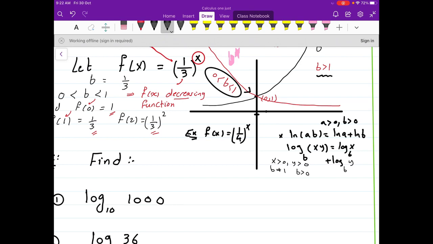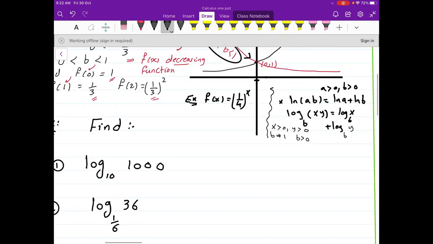So they are the same. For example, find log 1000 for the base 10. This is equivalent to x. You have more than one way to solve this problem.